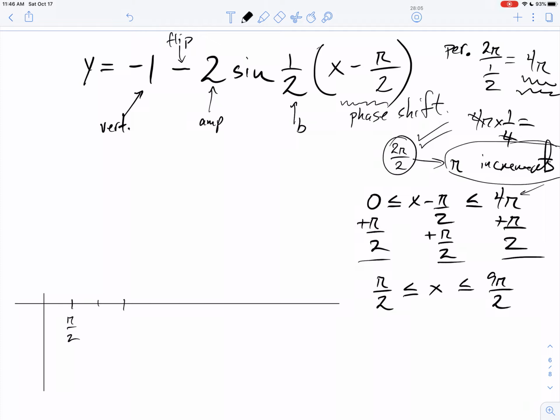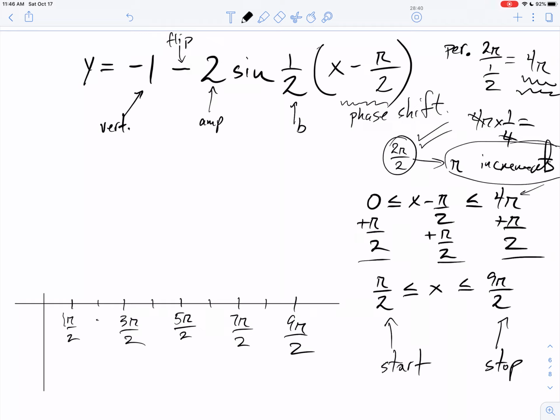So I go 1 pi half, 3 pi halves, and I'm going to count by 2s. 5 pi halves, 7 pi halves, and I hope the next one is 9 pi halves because that's where I'm supposed to stop, and it is. Oops, I was thinking the word stop, and I meant to write the word start, and then stop.